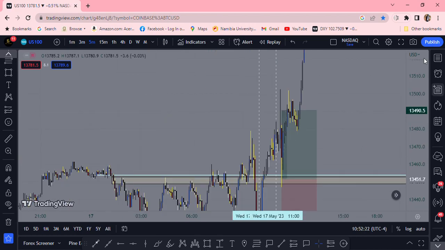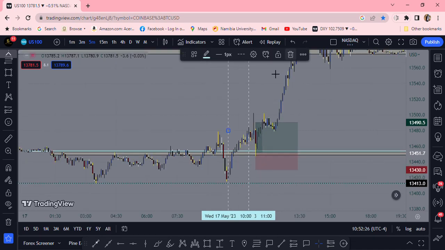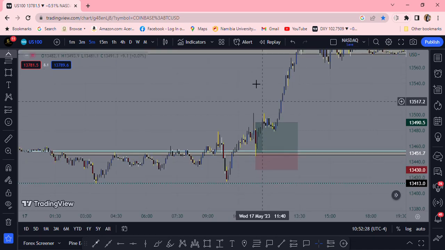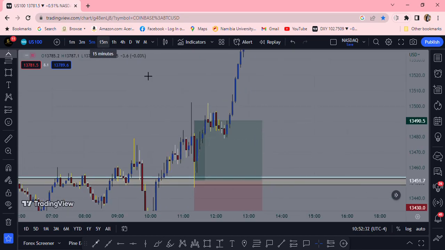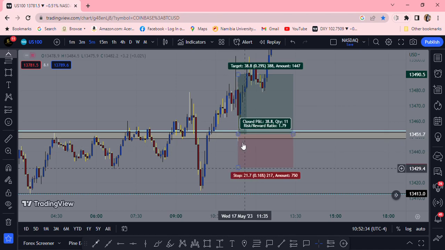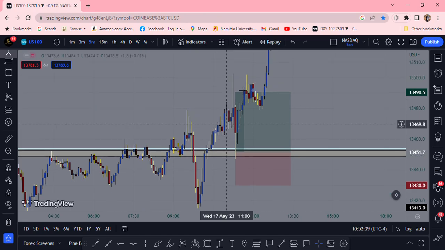So there was no way for me to have to be afraid for price to actually come. So if it had come and tested this and filled this gap up, I would have trusted that.